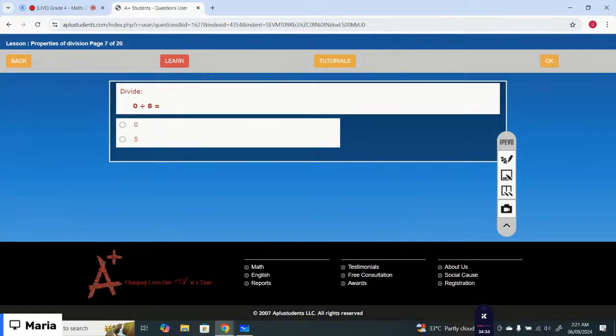0 divided by 8, which is the correct option? The correct option is 0. 0 divided by 8 is 0.